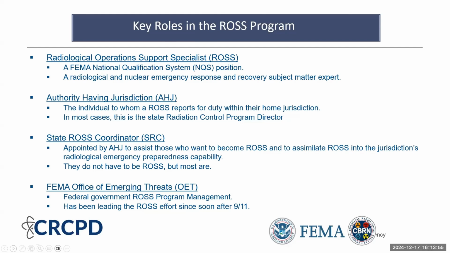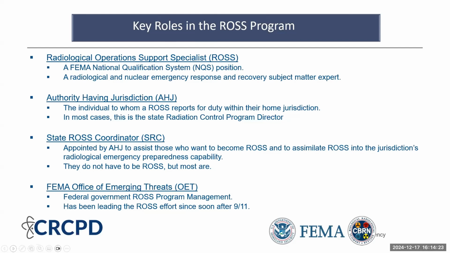It has some definitions that are out there, which seem to be very specific to that organization or process. Similar to ours, it's pretty specific to our jurisdictions, which are usually states, sometimes counties, and sometimes municipalities, but mostly states, and often radiation control programs. But the state ROS coordinator is entirely us.